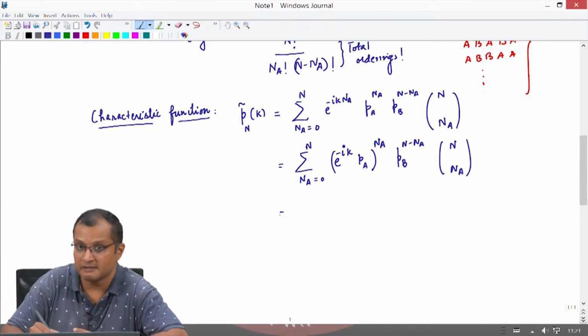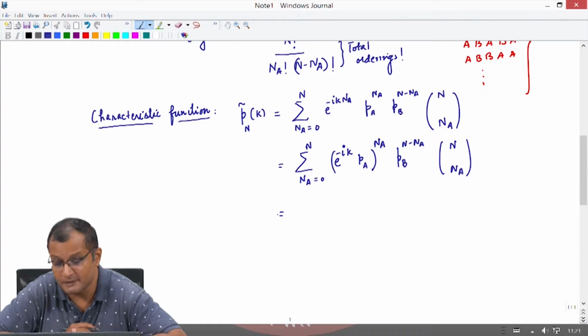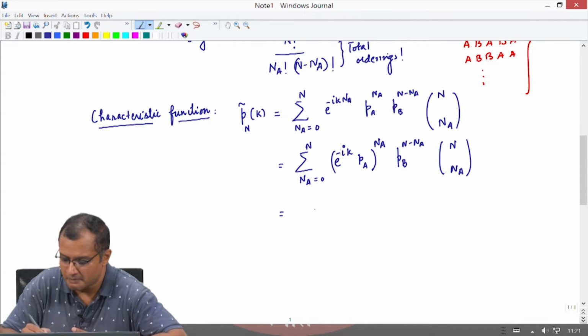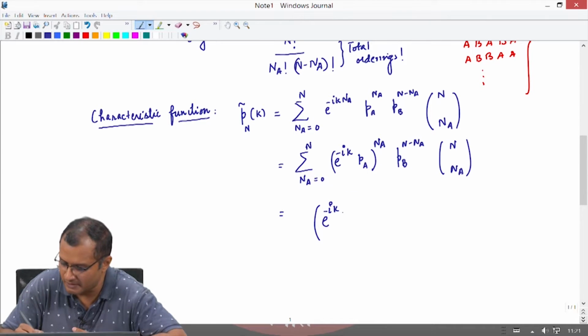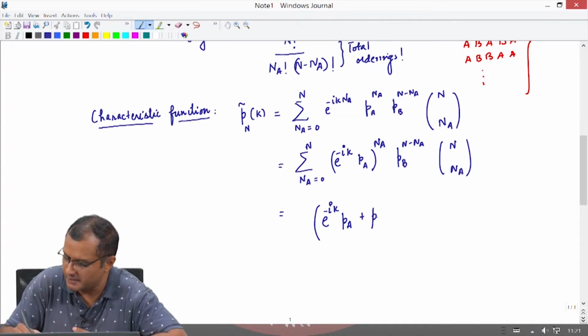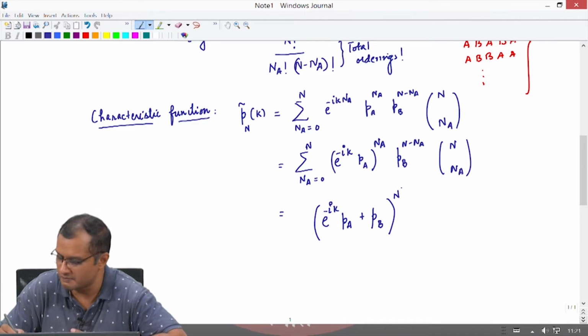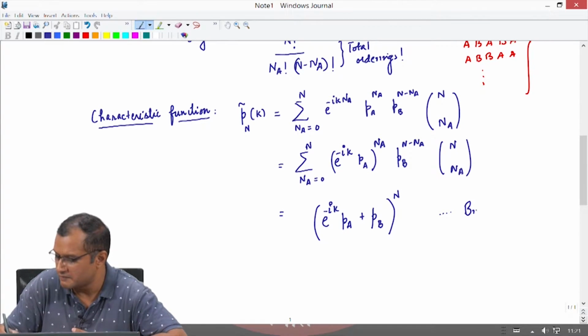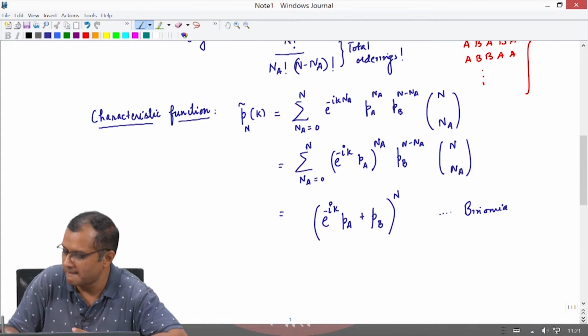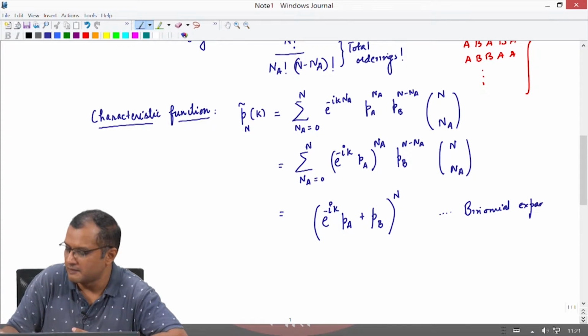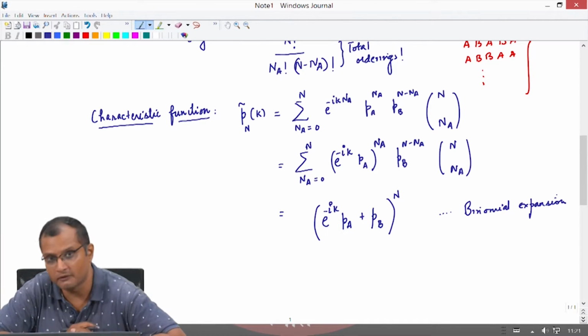And as I said, this is a well known expansion of the sum p a plus p b. Okay. So, this is a binomial expansion of the sum of e to the power minus i k into p a plus p b, raised to the power n. Okay. So, this is the binomial expansion that we know from elementary mathematics.